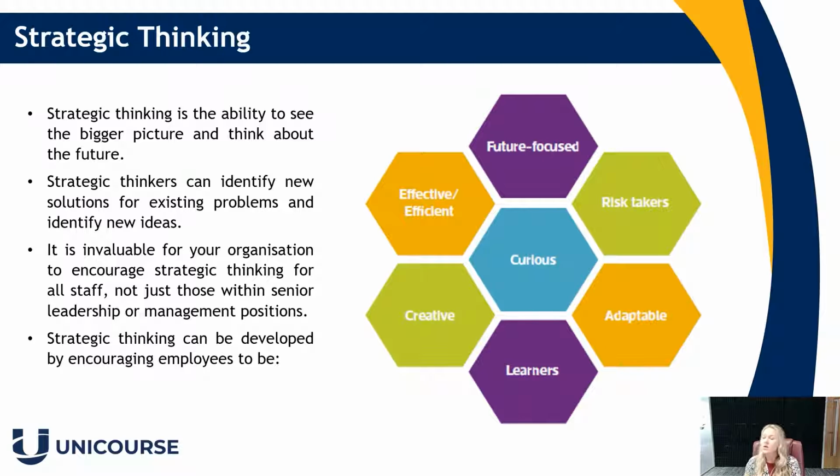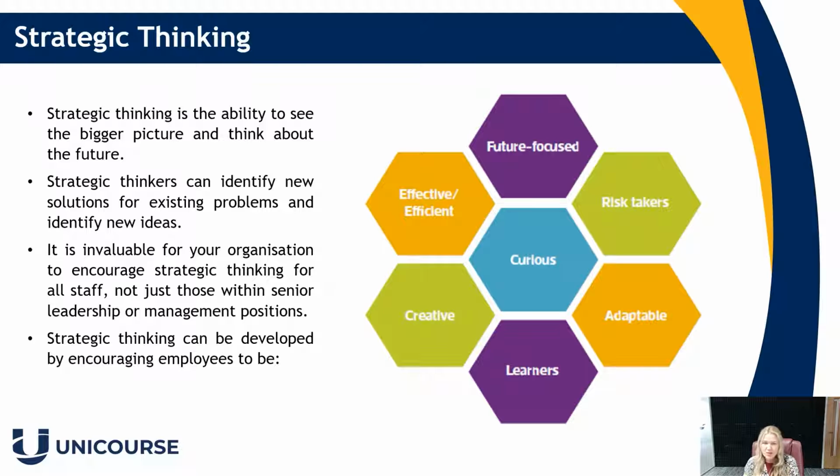But moving back onto who's involved in strategy, it's really important for anyone who is involved in strategy to be able to think strategically. ILM have pointed out a couple of different areas that they think are important in order to be a good strategic thinker.